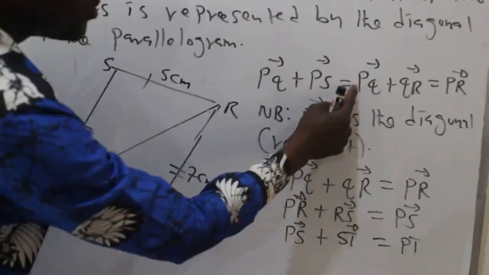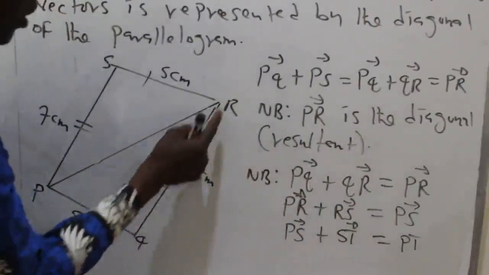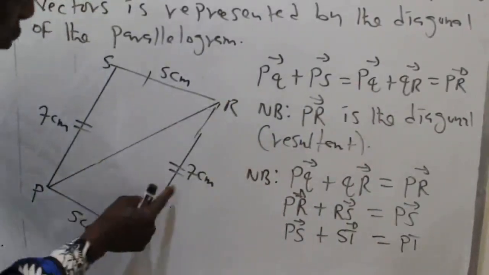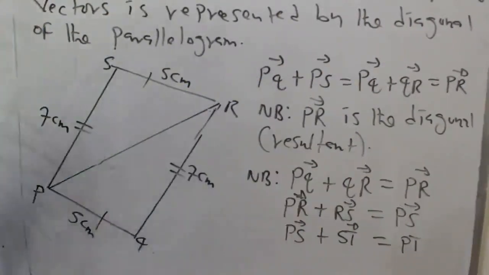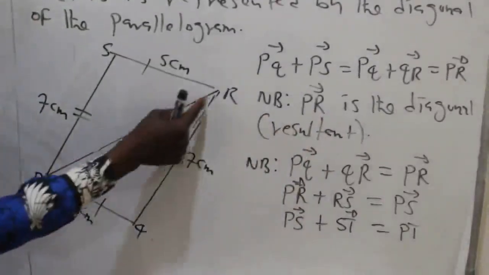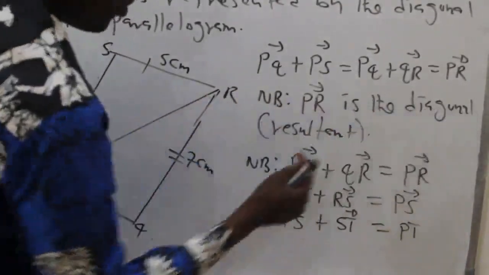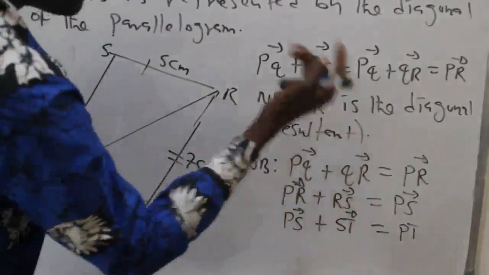It's the same thing as PQ, which is 5, plus QR. QR is also 7. So 5 plus 7 is 12. So it's the same thing. That is what we are saying. Now, PR is the diagonal of the parallelogram, and it is the resultant.